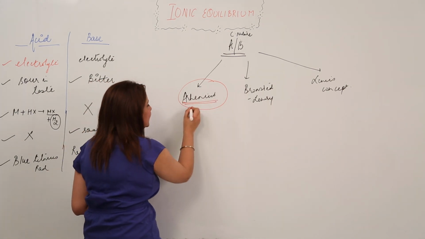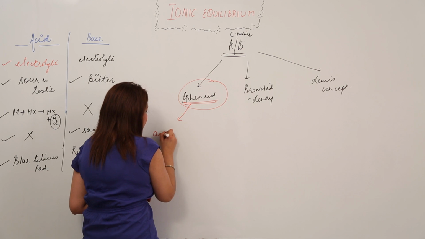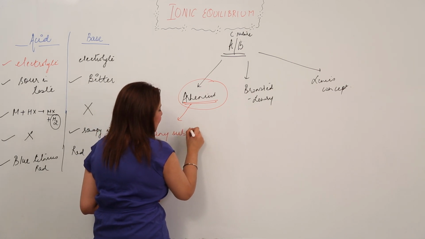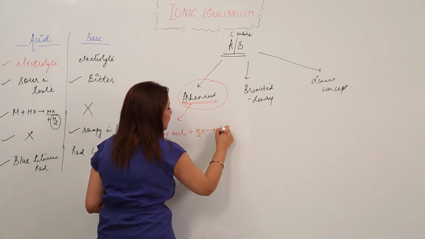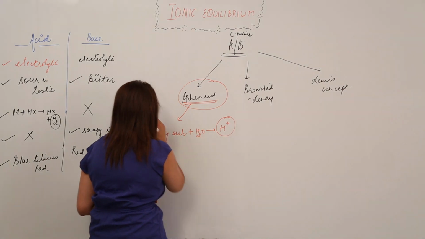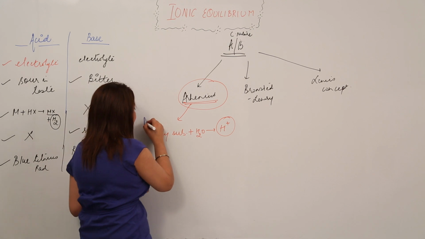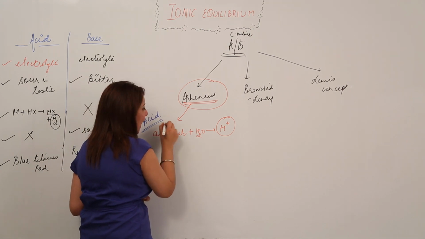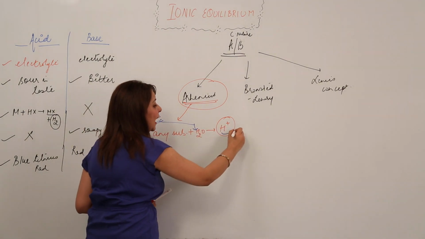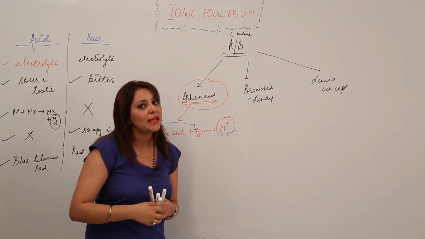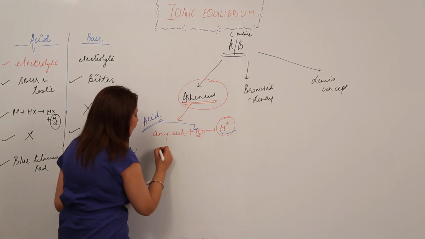So Arrhenius said that any substance which, when dissolved in water, produces hydrogen ion is called an acid. I think you got it. For example, we have HCl.